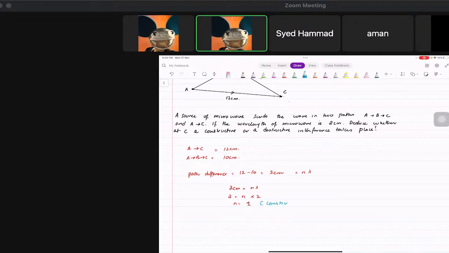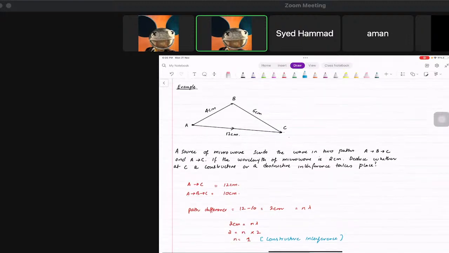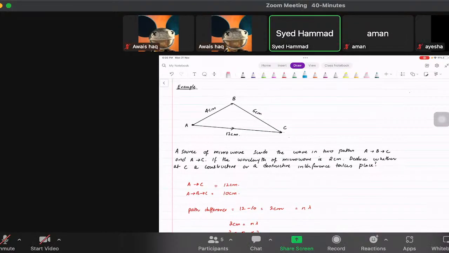because in constructive interference n is always 1, 2, 3 and so on. If this was like 0.5 or 1.5 or 2.5, we would say that it's destructive interference. Understood? Why did you take lambda as 2?